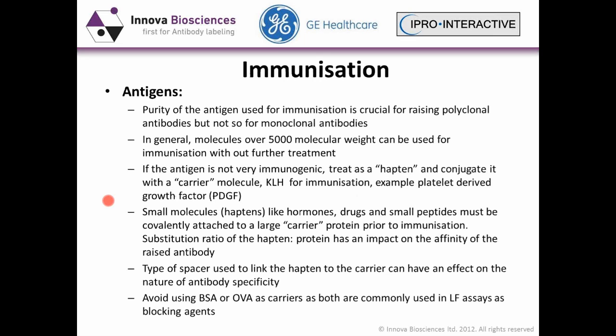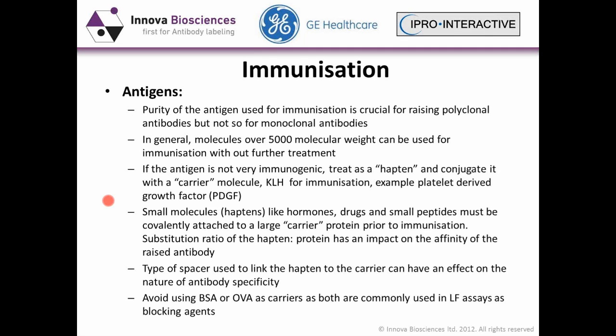Now, in terms of immunization, depending on the type of antigen, if one is looking for proteins, then in general, anything above 5,000 in molecular weight can be used for immunization, of course, coupled with using adjuvants.